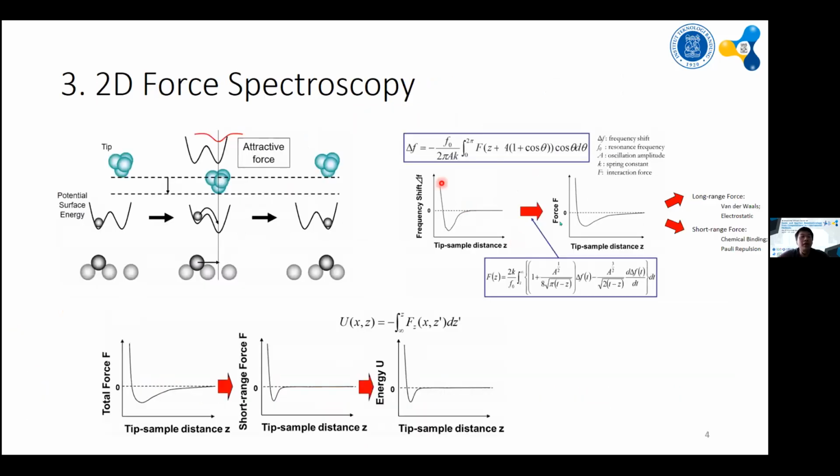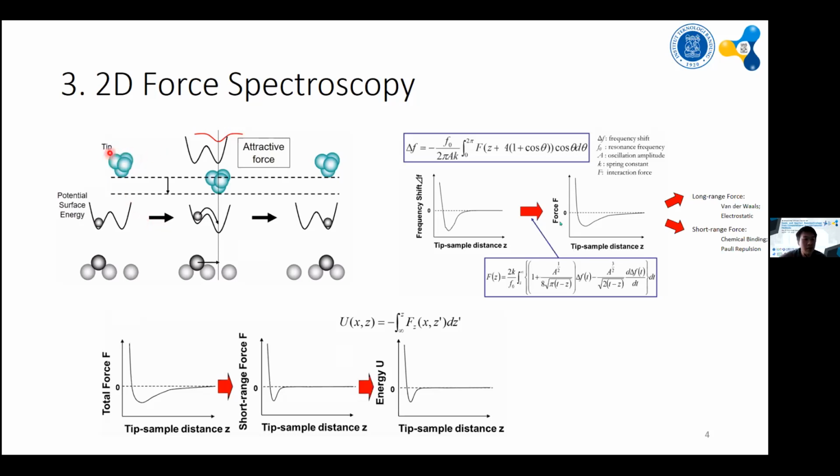Okay, the third one is about two-dimensional force spectroscopy. So this is the atom coordinate, and these are the sample atom coordinate, and these are the potential energy, and above it are the tip of FM.